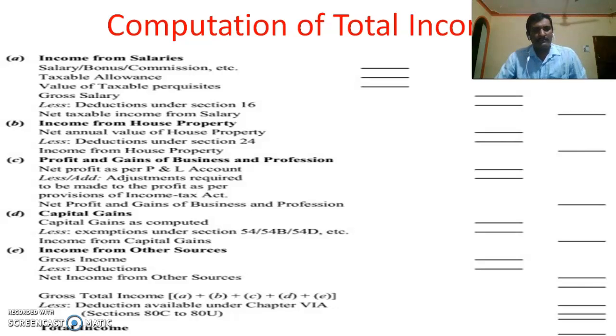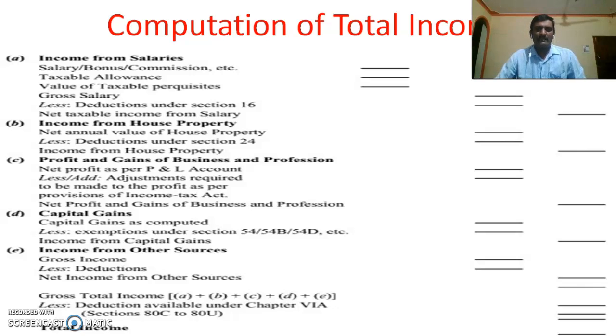After that, we go to the fourth head of income, that is capital gains. Capital gains as computed are to be taken. From that, we subtract some exemptions under section 54, 54B and 54D, and more if applicable. After that, whatever balance arises is called income from capital gain.